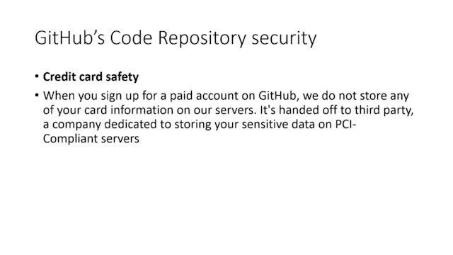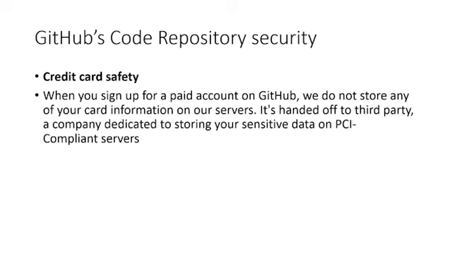And then credit card safety, right? Got to think about that PCI. When we sign up for a paid account on GitHub, they don't store any of your credit card information on their servers, which is a pretty smart idea on their part because they don't want to be necessarily, I guess, responsible for that type of data. They have enough on their plate right now dealing with being a code repository, because they may have code for some very sensitive data, very sensitive programs, very sensitive applications.